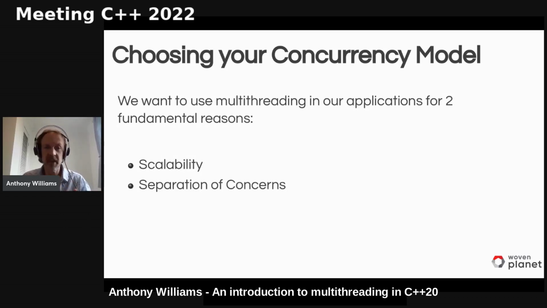On the other hand, you might be using multi-threading as a means of separation of concerns. You have some things which your application does, some of which can run concurrently. And so rather than writing the complicated code necessary to multiplex those on the same thread, you leave that to the operating system.